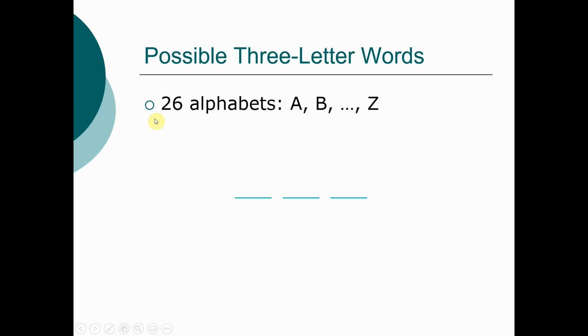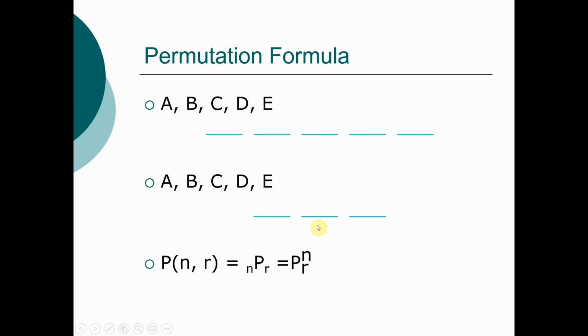So you always have to make sure that you understand the problem. Do we have repetition? And does the order matter? If the order matters and we don't have repetition, we can use a very simple formula that we're going to see shortly.